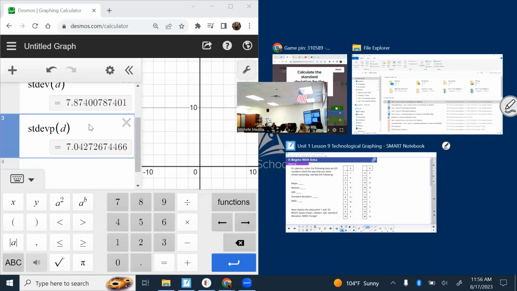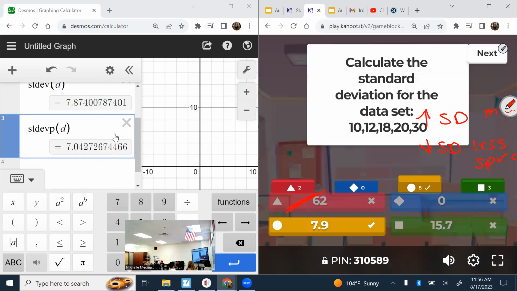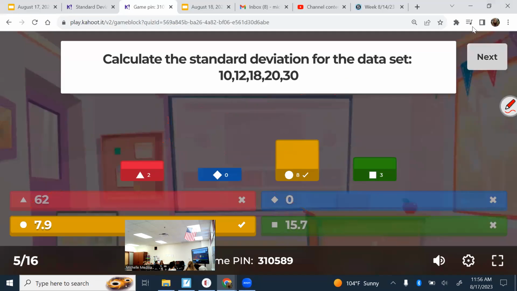But as you can see, aren't these two values pretty similar? They are. And then one of them matches one of the answer options, and that's the yellow one. Does that make sense? Okay, so there you go. You could have done it with a graphing calculator. On to the next one.